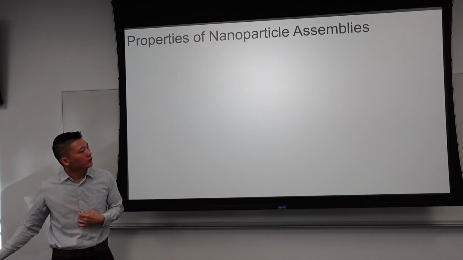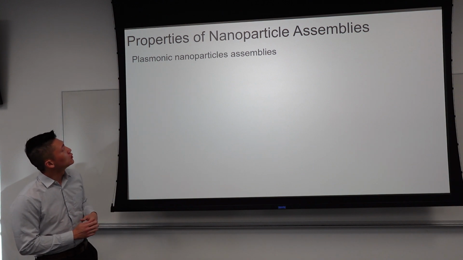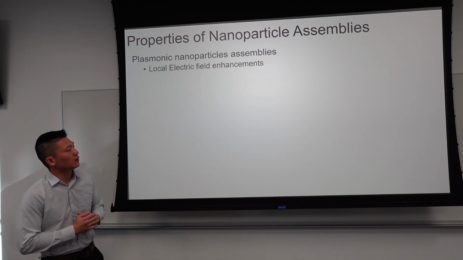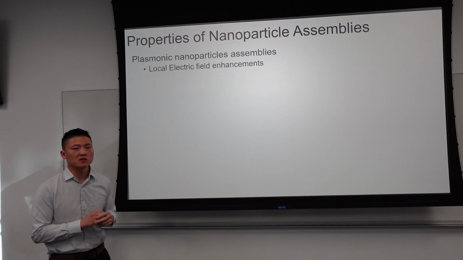Why we assemble the nanoparticles is because we want their properties to couple. For the plasmonic nanoparticle assemblies, you may achieve local electric field enhancements.